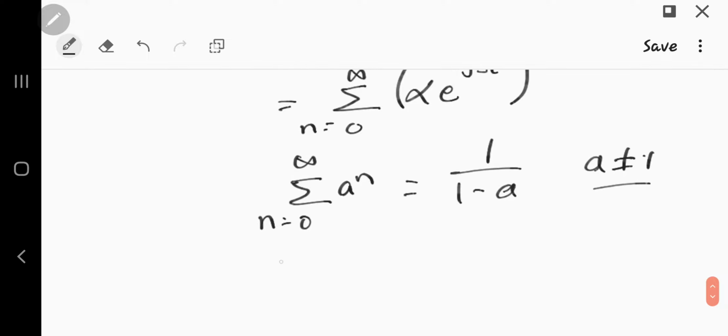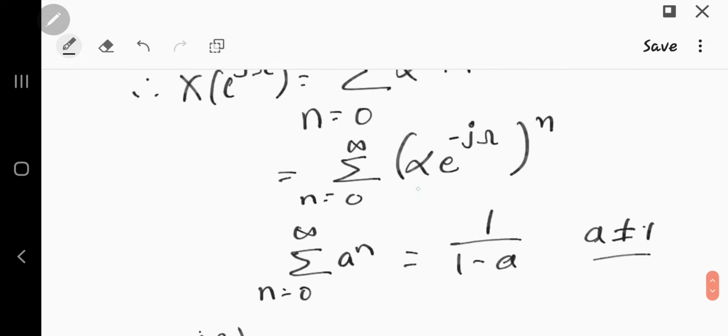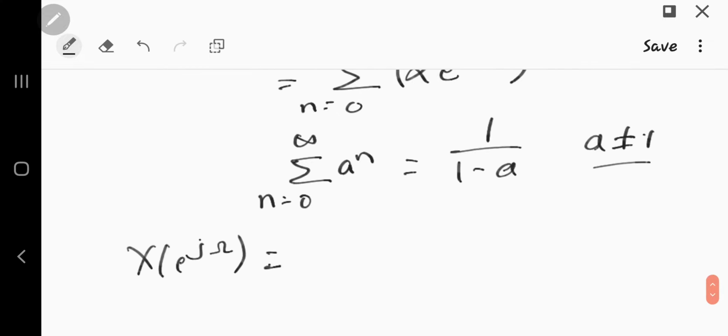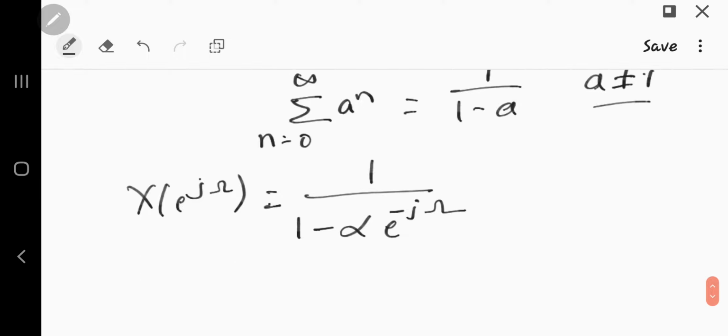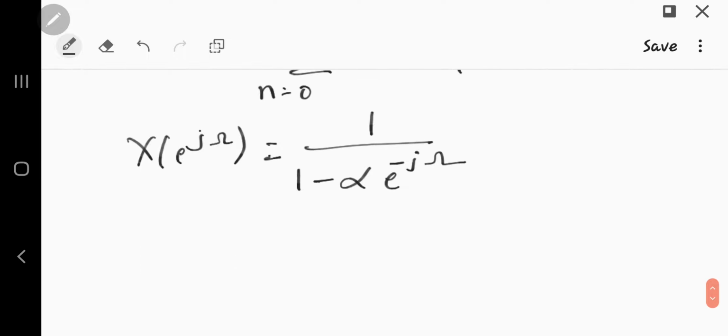Now, based on this, we can write X of e power j omega as, in place of a we have alpha e to the power of minus j omega. So, we can write it as 1 divided by 1 minus alpha e to the power of minus j omega. Here the condition, so that is what the final answer for this.